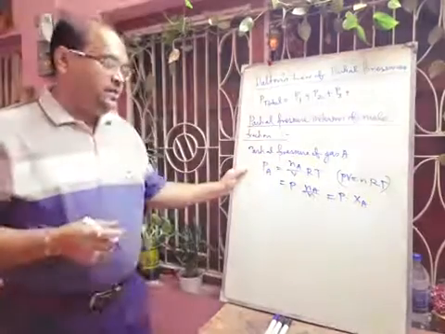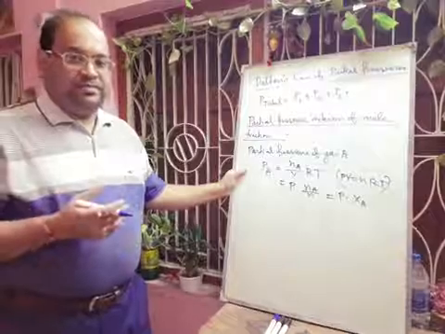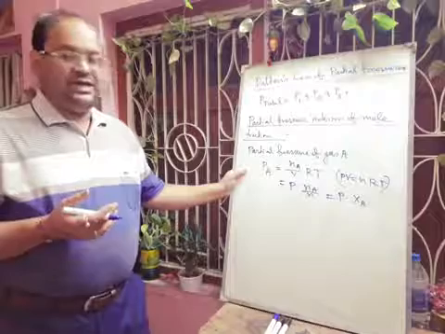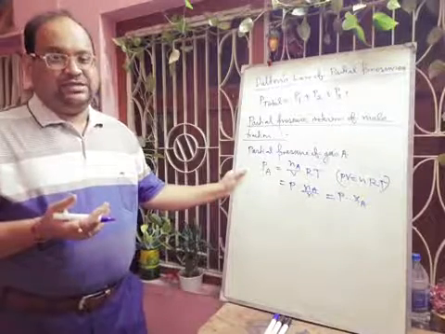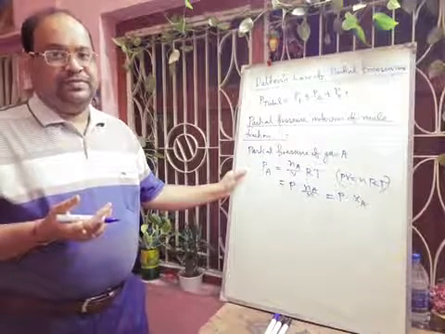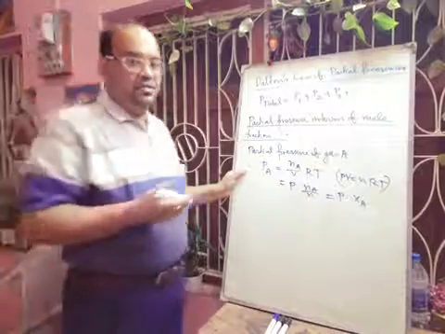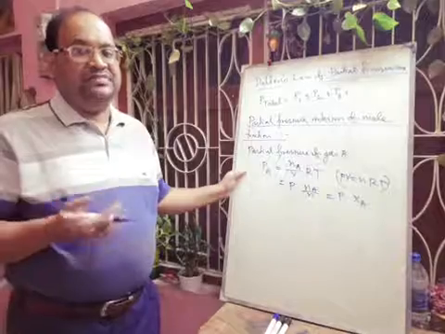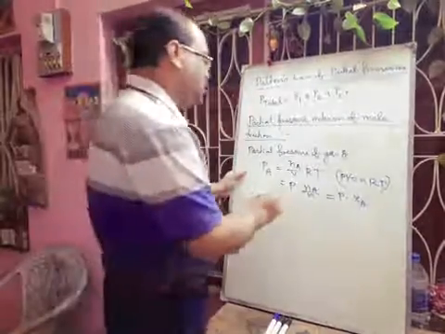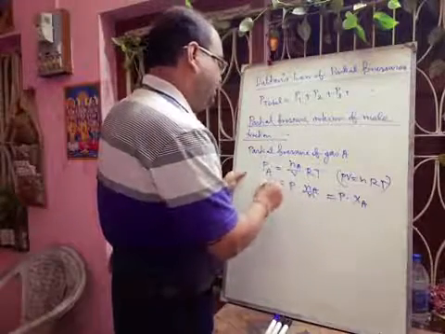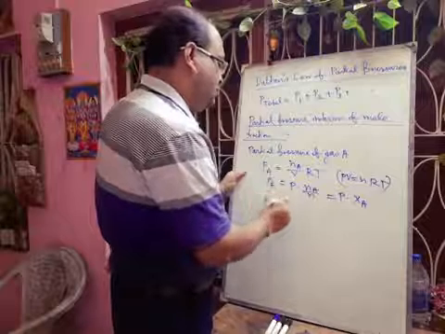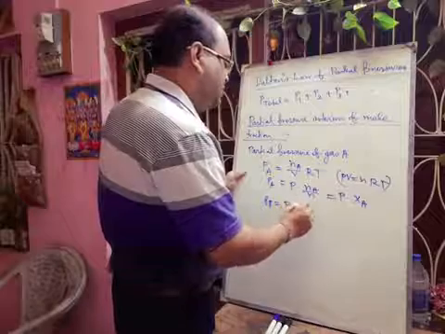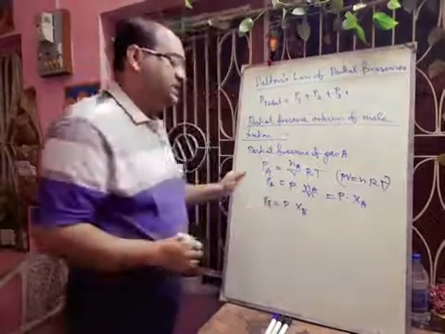So the partial pressure of gas A is equal to total pressure into mole fraction. That you have to understand. In a similar way, for the other gas B, PB is equal to total pressure P and the mole fraction of B, that is XB, P into XB.